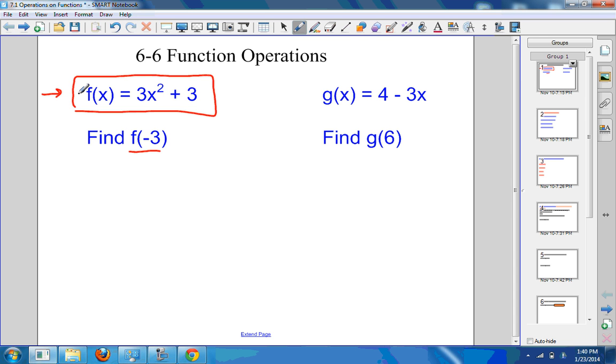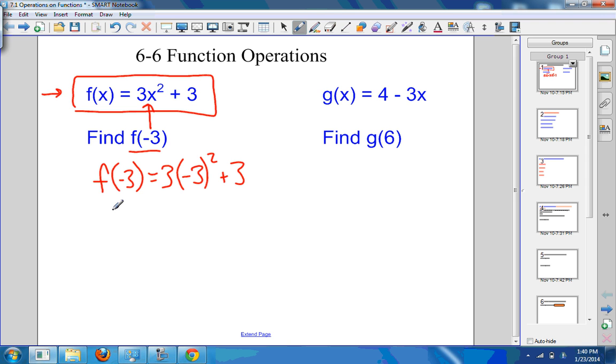So back at the beginning of the year, we solved problems like these, where we had to find f of any number. And they're really easy to do. All we have to do is plug them in to our equation for x. So f of negative 3 would equal 3 times negative 3 squared plus 3.